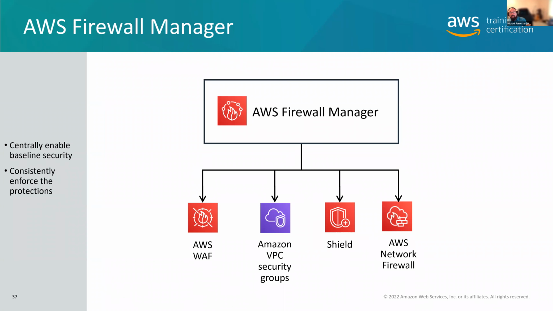Now, notice the Firewall Manager, by the way, can push rules to security groups, to the WAF. It can talk to the Shield team. And if you have a network firewall in play, right, it will push the network firewall configuration as well. This does require, by the way, I think organizations, and you have to have AWS Config active. Config, by the way, is just a configuration tracker, not a configuration manager.